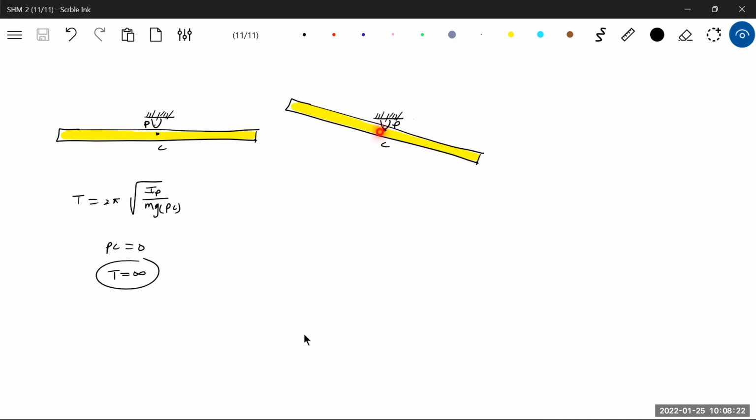If a rigid body is suspended about its center of gravity, then it will be in neutral equilibrium. If the point of suspension is at the center of gravity, it has an infinite time period. Infinite time period means in whichever position you keep it, it will retain that position, so the rigid body will not oscillate. That's the basic idea.